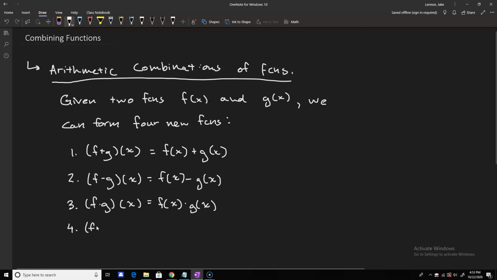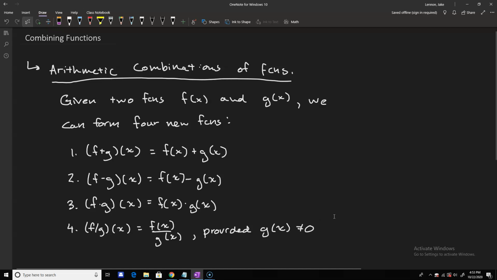So let's say f over g of x. This would be f of x over g of x, provided g of x is not equal to 0. So anywhere where g of x is equal to 0 would not be in the domain of this new function f over g.